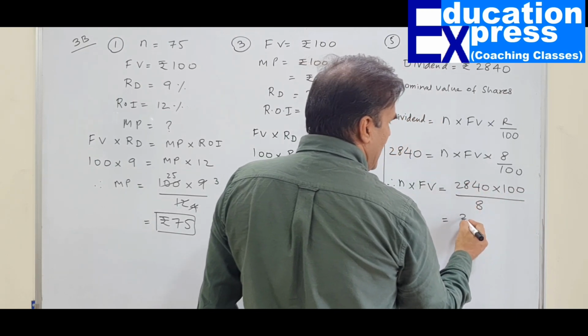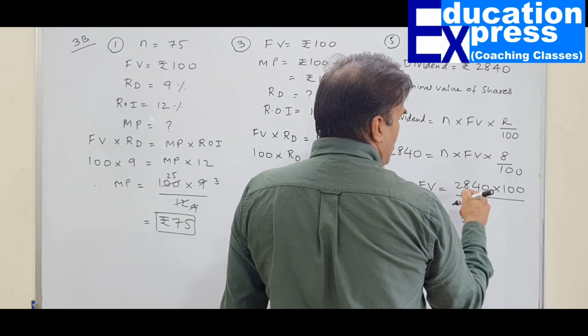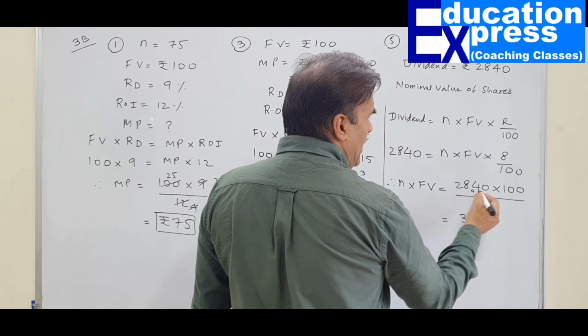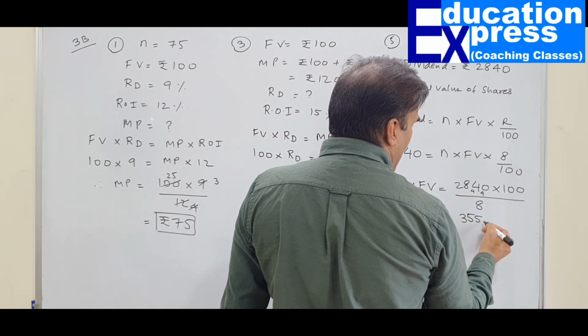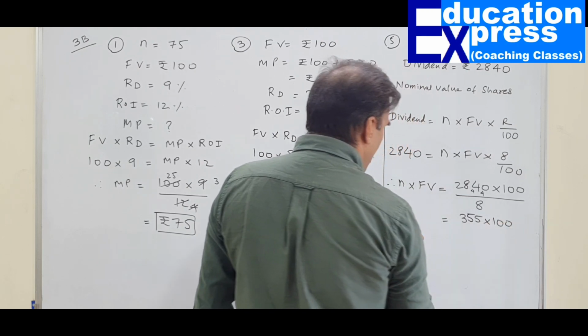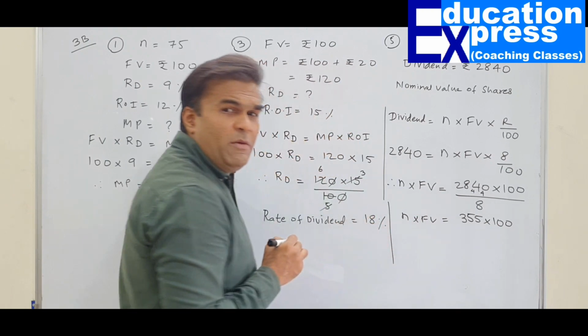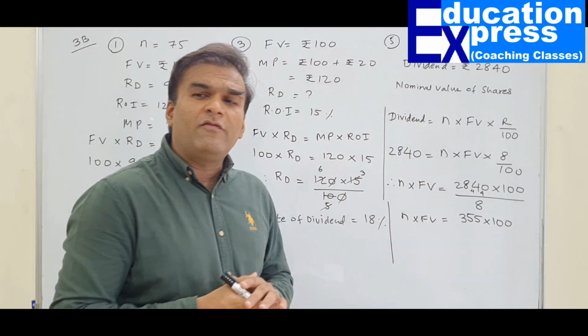8 ones are 8, 8 threes are 24, 8 threes are 24, again 4 will come, 8 fives are 40, again 4 will come. 355 into 100 is nothing but n into FV. Tell me, my dear friends, what do you mean by n into FV?